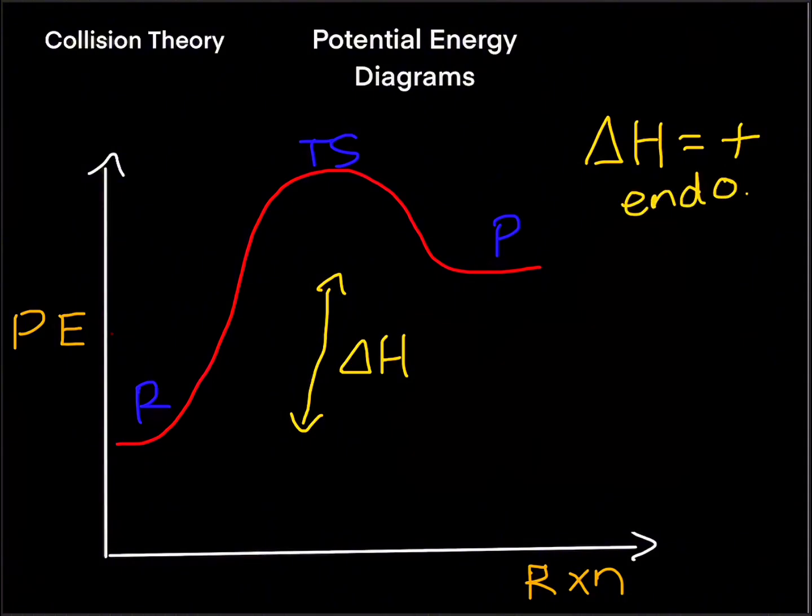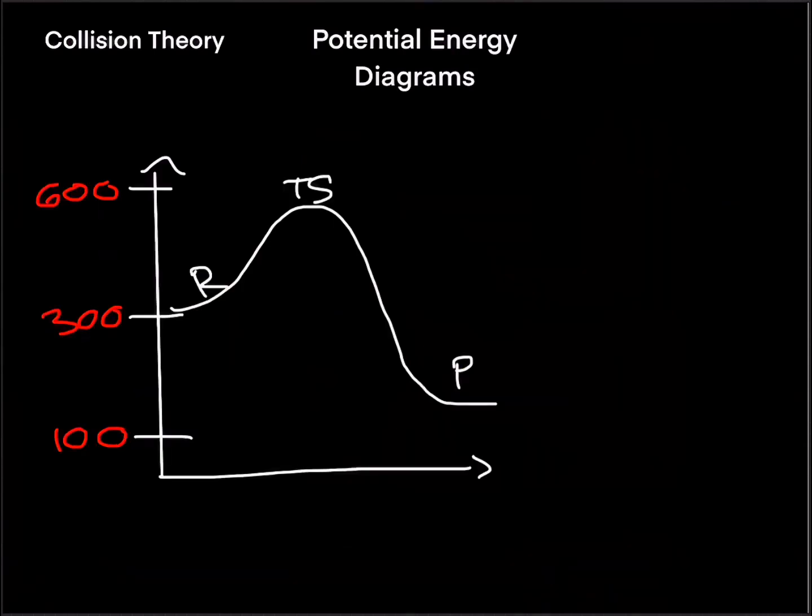And if you take a large number, subtract it by a small number, it's going to be a positive result. For example, if you subtract 10 minus 6, it's going to equal positive 4. Meanwhile, if you subtract 6 minus 10, it's going to be negative 4, and that would be for the exothermic reaction. So for an endothermic reaction, the enthalpy is always going to be positive.